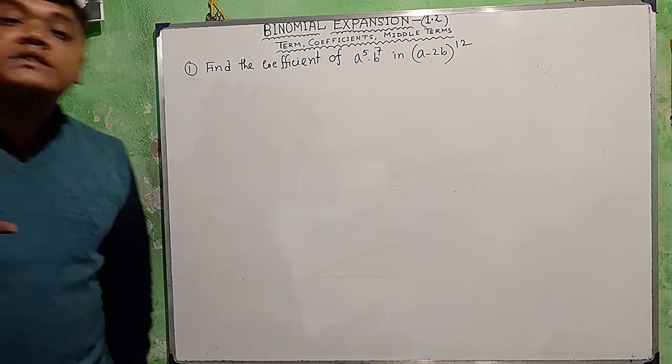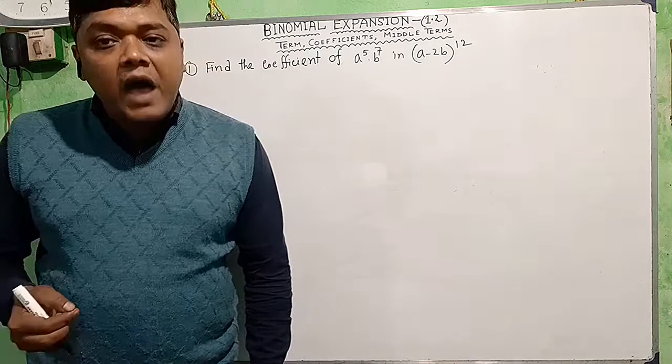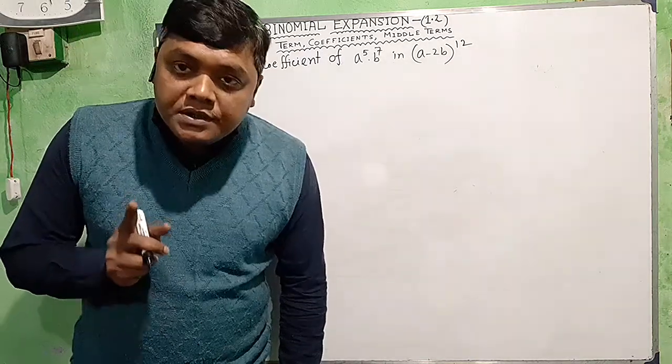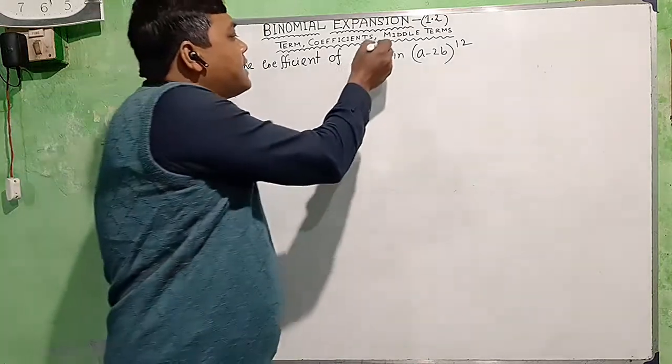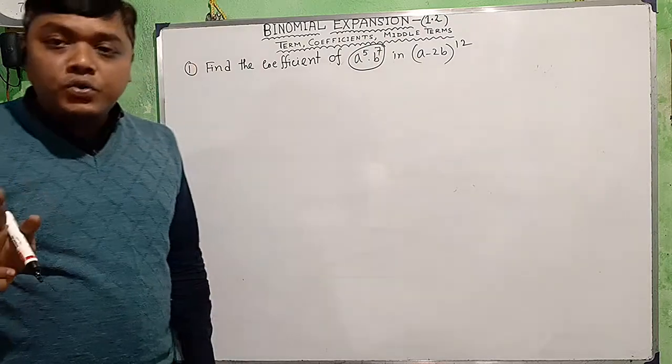So how to solve this type of problem? First of all, I have to find out the value of r, because which term contains this a to the power 5 into b to the power 7, I don't know.